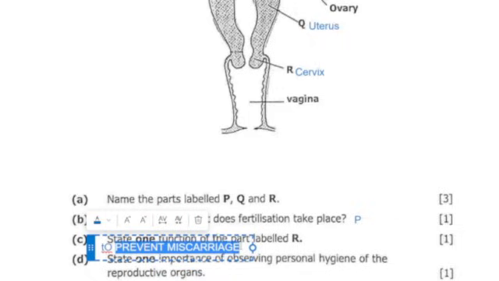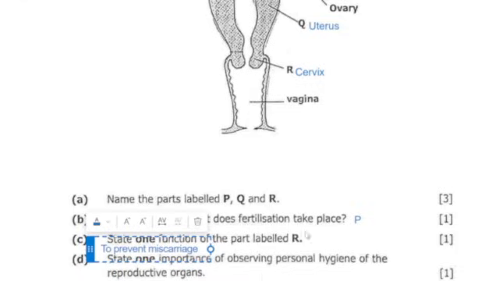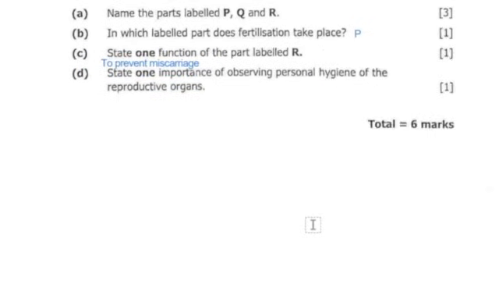I just used capital letters there, which is not very good. To prevent miscarriage. So one of the functions of the cervix is to prevent miscarriage. That is the correct answer, to prevent miscarriage.